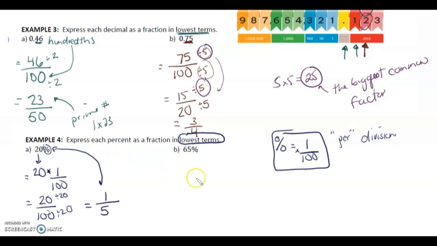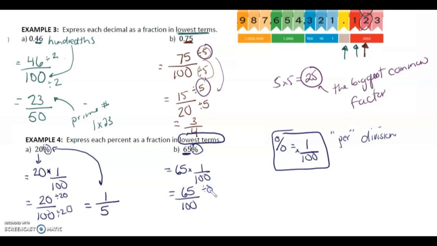Okay, now B, 65%. So we're going to rewrite 65 as it is. And this percent symbol, we're going to multiply by 1 over 100. So to rewrite this, we're simply doing 65 over 100.